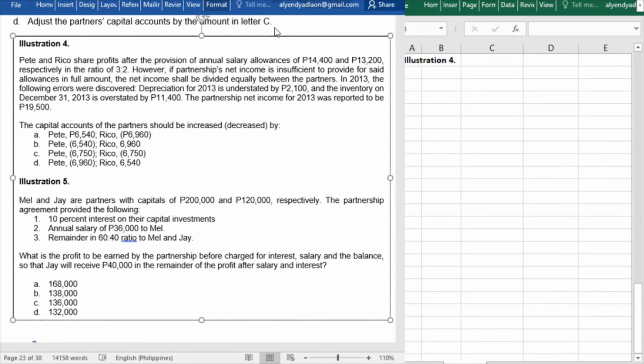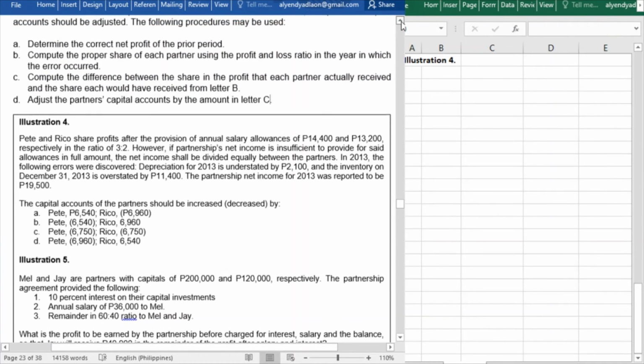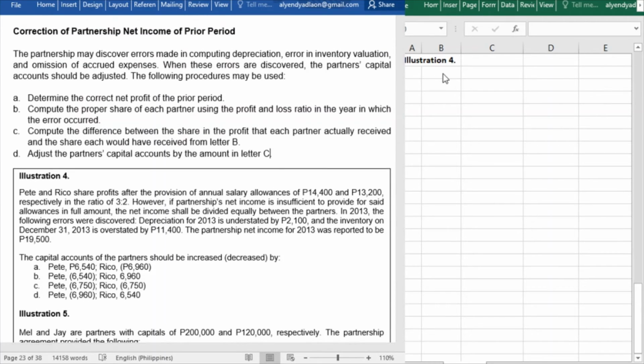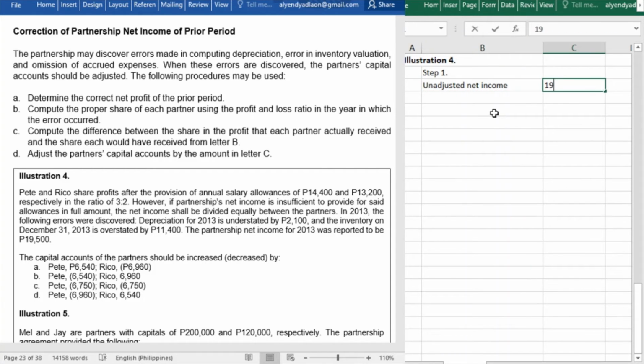Okay, so class, for this matter, let us follow the procedures that I have just mentioned earlier. First is to determine the correct net profit of the prior period. So we have here step 1, correct net profit. First we have the unadjusted net income. Our unadjusted net income was 19,500 because accordingly, the partnership net income for 2013 was reported to be 19,500.